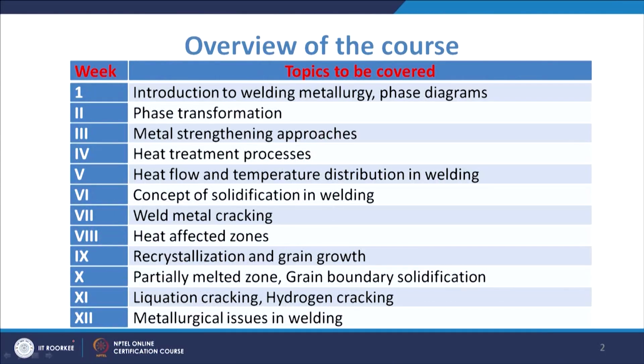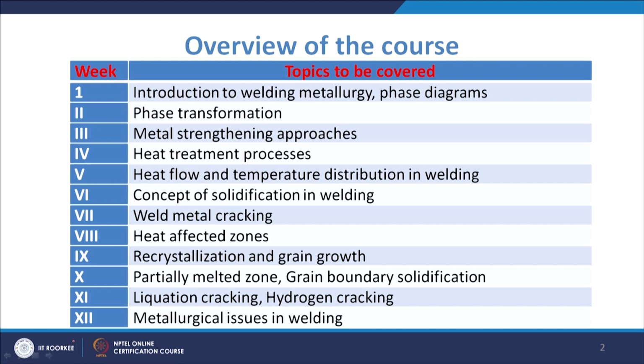Then you have heat treatment processes. We know that we try to enhance the mechanical properties of the material by different types of heat treatment processes, so that will be covered in that week.